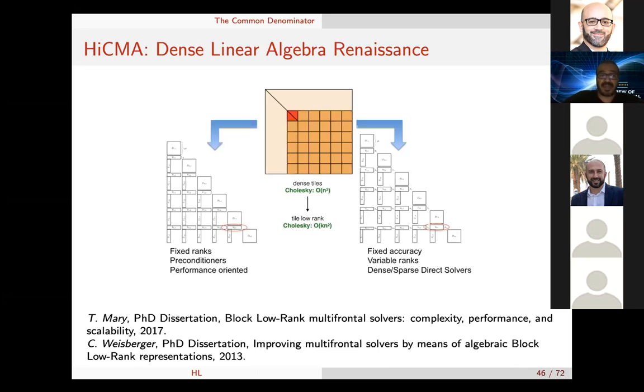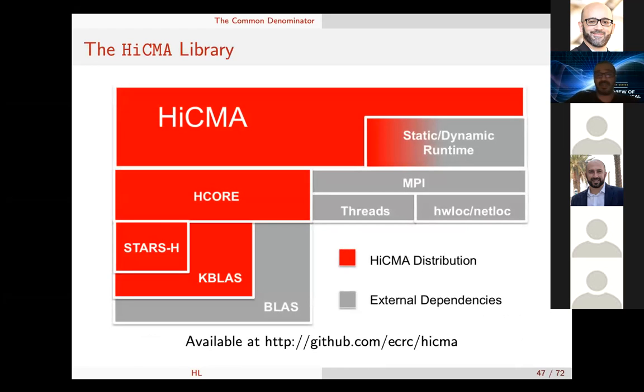And of course, accuracy, okay? When we do a compression of this tiny block here, we approximate up to an accuracy that is given to us by our domain scientists, the people that we collaborate with. And at the end, we make sure we reach that threshold for accuracy. And this is where HiCMA comes into the picture.